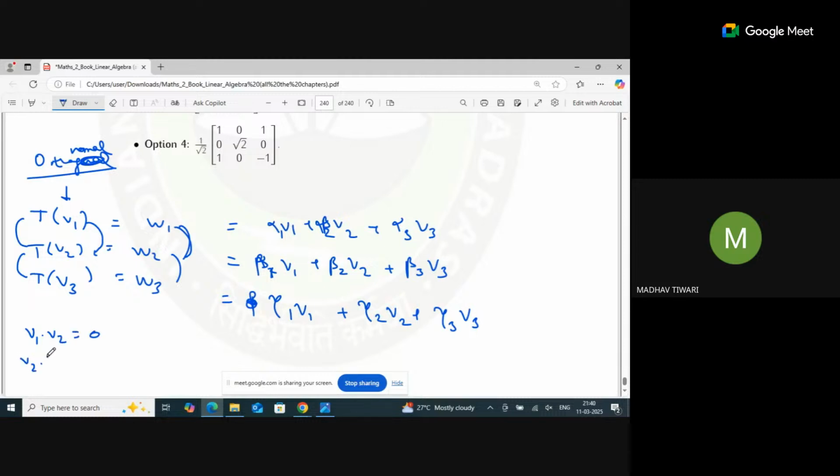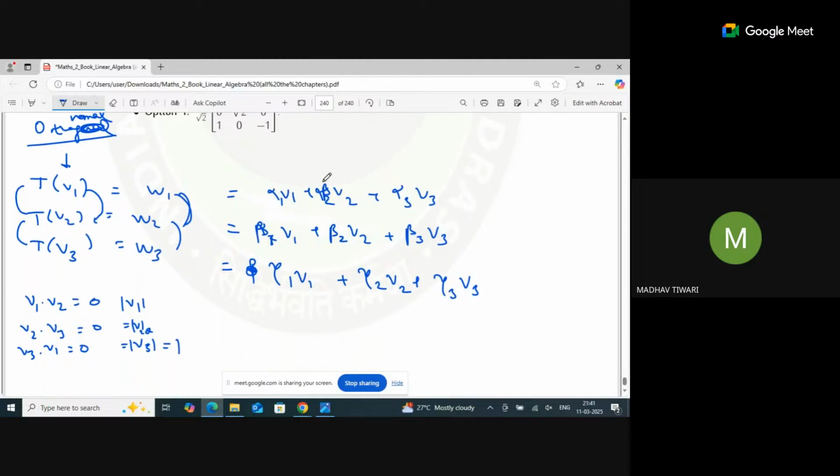V2 and V3 will be 0, and V3 and V1 will be 0. And the length of V1 is equal to the length of V2 is equal to the length of V3, which is 1. Orthonormal they are.